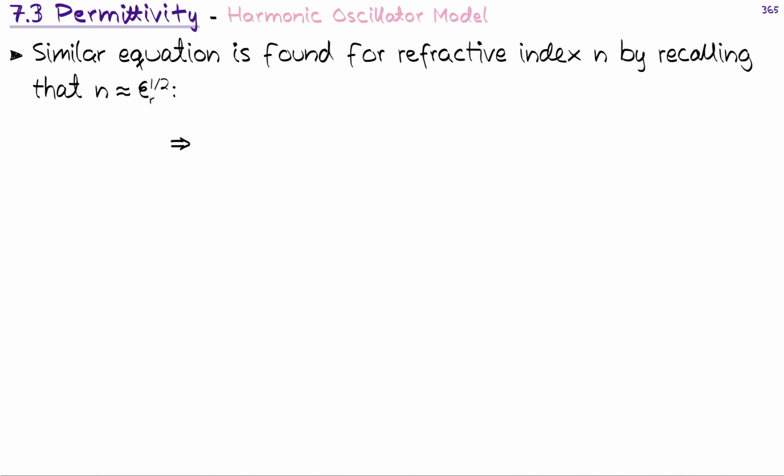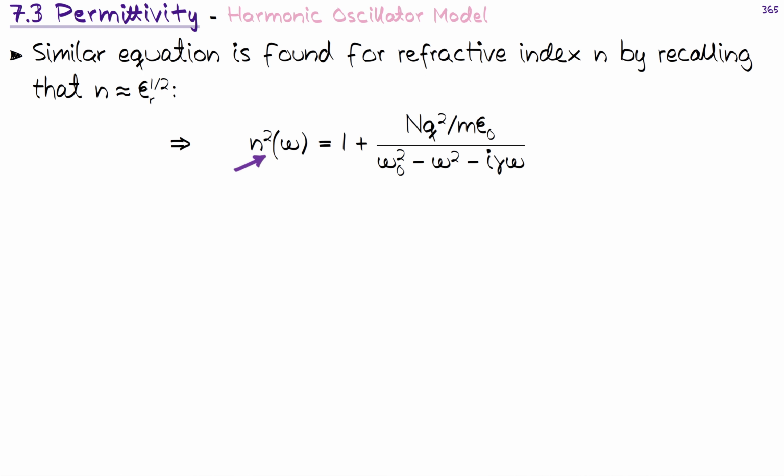Now we have the dielectric constant, so we can write the square of the refractive index as 1 plus this term we found earlier. Please note the main thing here: the previous equation was for the dielectric constant epsilon, and n squared is in terms of the relative permittivity, so we need to divide the previous equation by the vacuum permittivity epsilon naught, which is why we get the unity here.